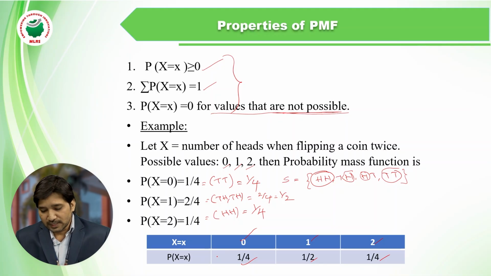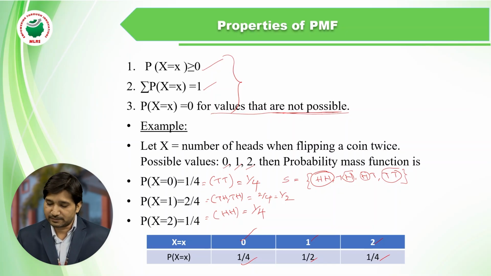The outcomes in the sample space HH, HT, TH, TT are converted into numerical values, the number of heads: 0, 1, 2. The probabilities of 0 heads, 1 head, 2 heads are 1 by 4, 1 by 2, 1 by 4. This is the probability distribution function.